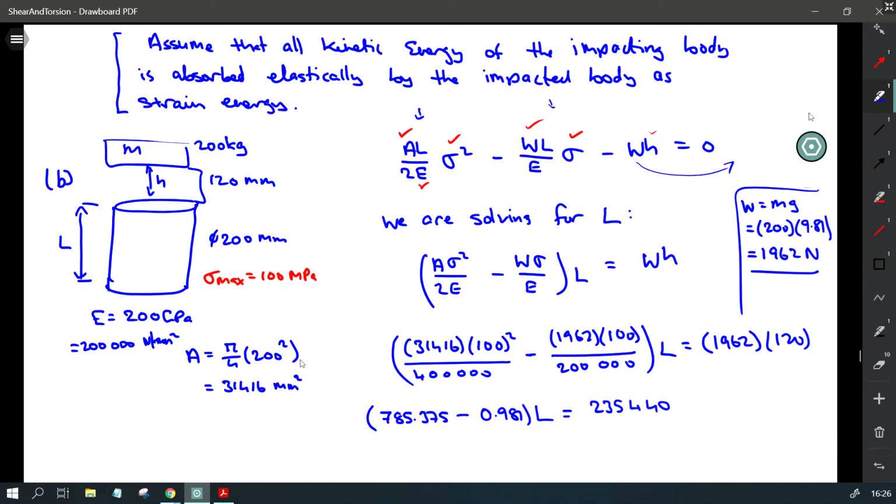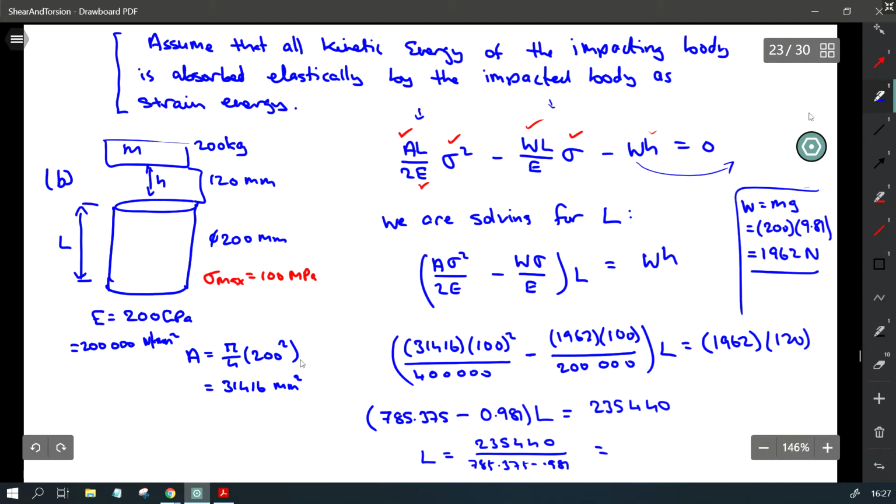So if you divide one by the other, you end up with L equal to 235,440 divided by 785.75 minus 0.981, and that actually comes out to 300 millimeters.